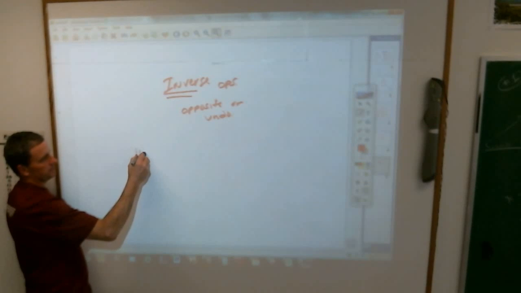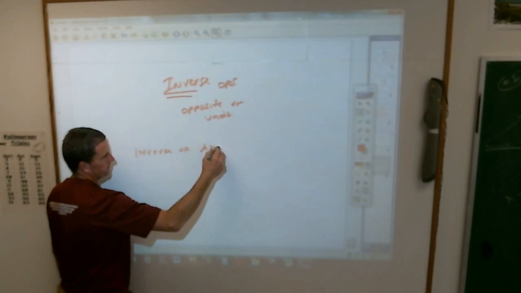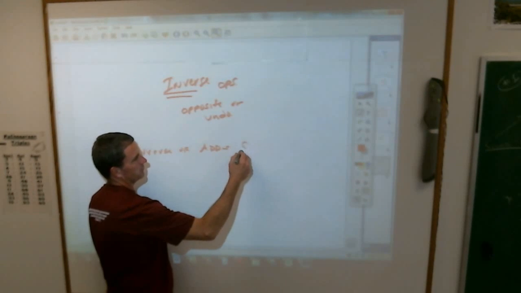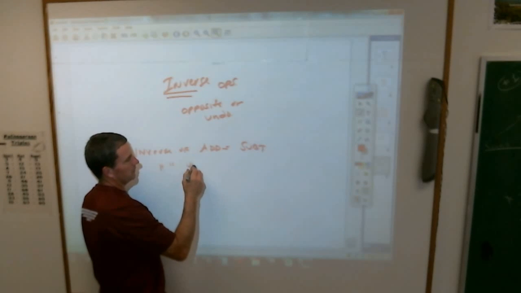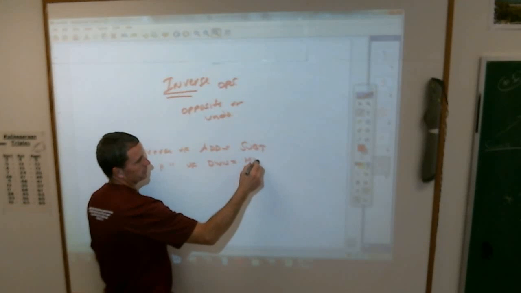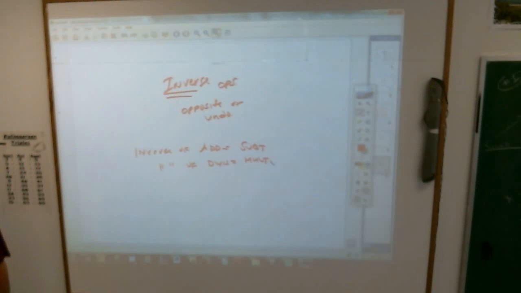The inverse of addition would be, what's the opposite of addition? Subtraction. Or the inverse of division, what's the opposite of division? Multiplication. They undo each other. That's all.